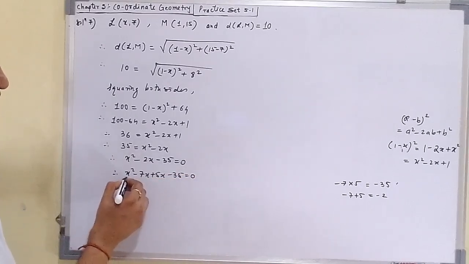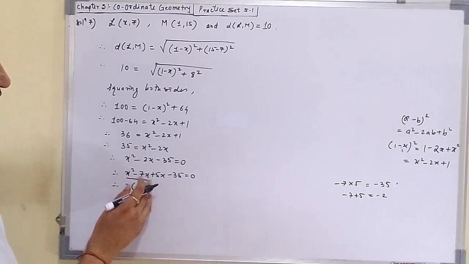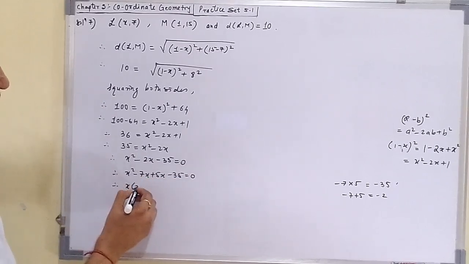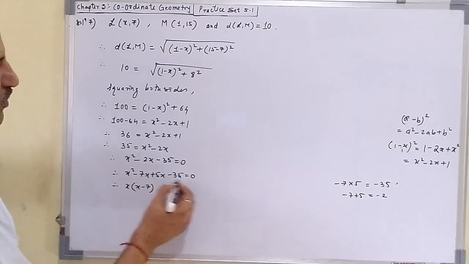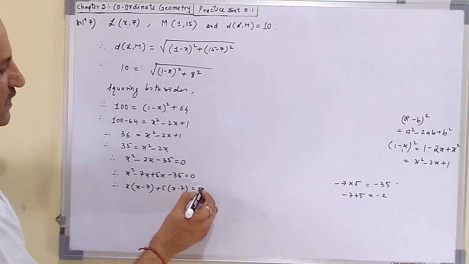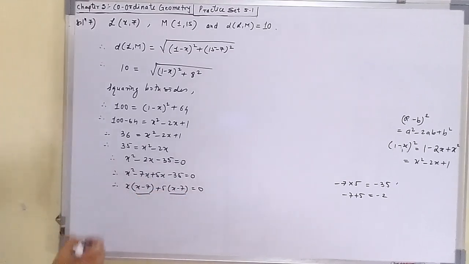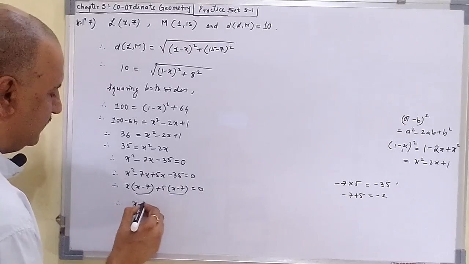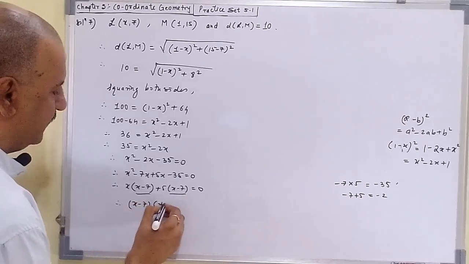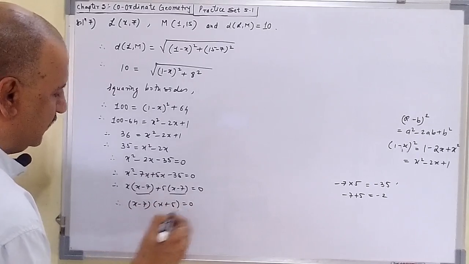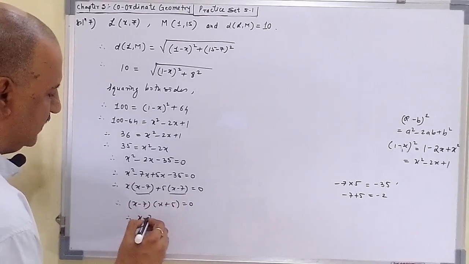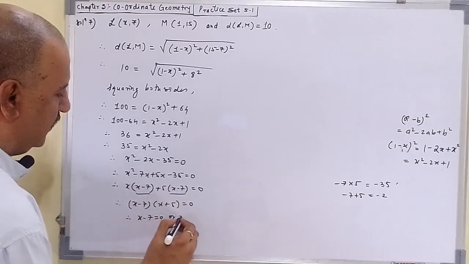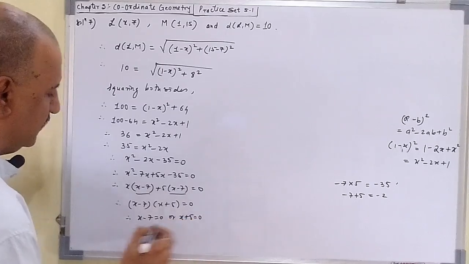Therefore take x common from these two. What do we get? x minus 7. In these two, 5 is common, so x minus 7. Look at this, the same bracket. So we get x minus 7 into x plus 5 equal to 0. Therefore x minus 7 equal to 0 or x plus 5 equal to 0.